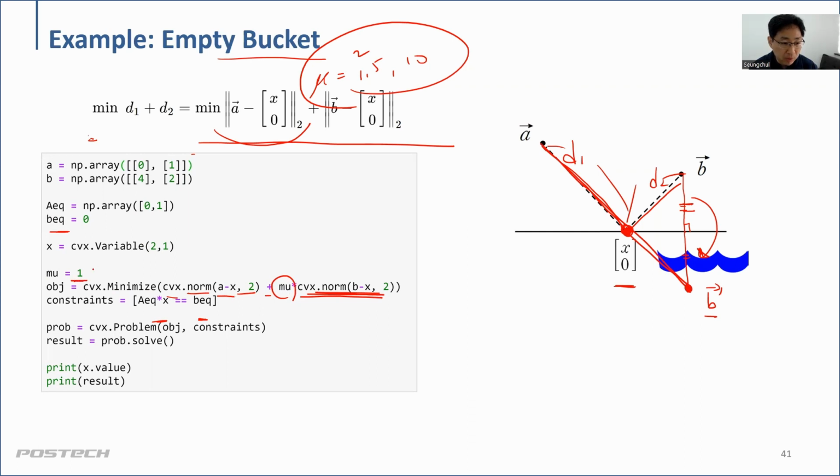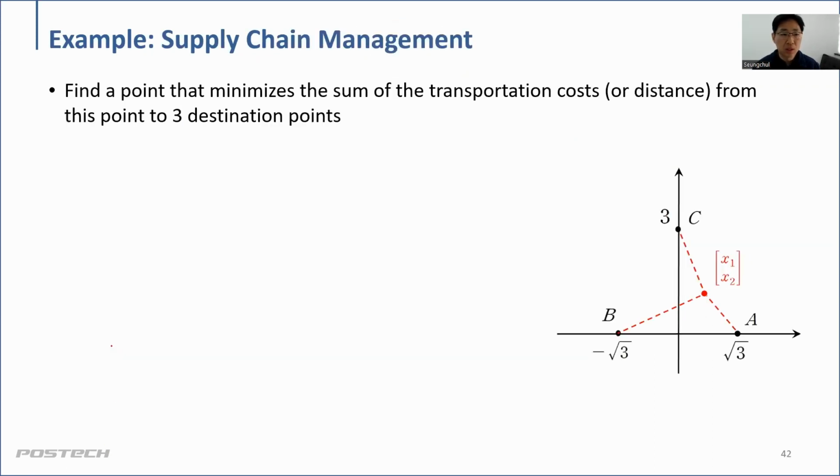I said probably in this case 1, and next time you can change the value of mu. Again, it depends on your conditions. And we have a constraint and ask CVXPY to find the optimal solutions. This is another example, and this is the solution.